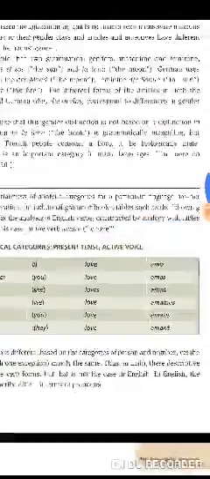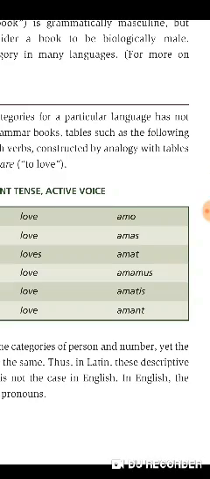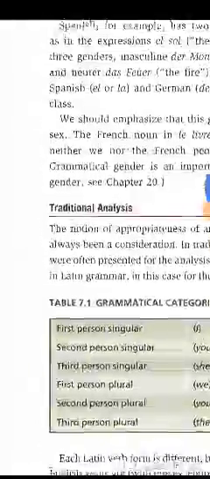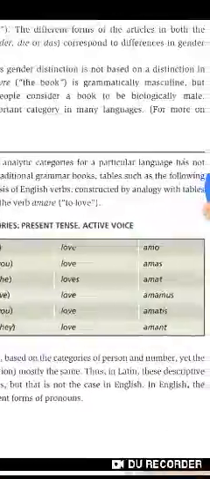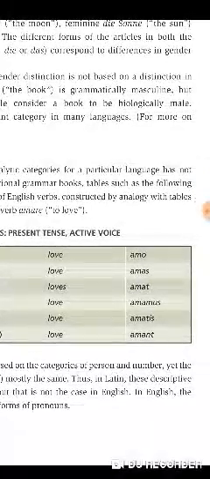What about Arabic or Farsi or other languages? We can see something like this in a language like Latin. Let's see. In Latin, we say amo, amas, amat, amamus, amatis, amant. What does it mean? Amo means I love. Amas means you, singular, love.